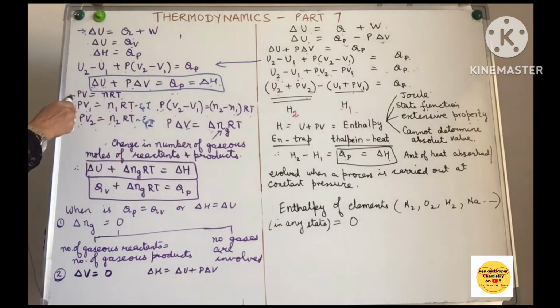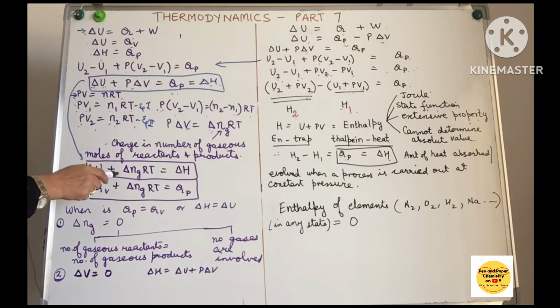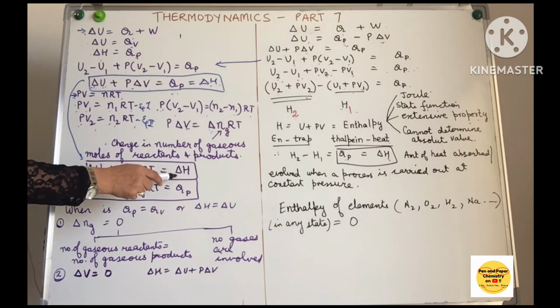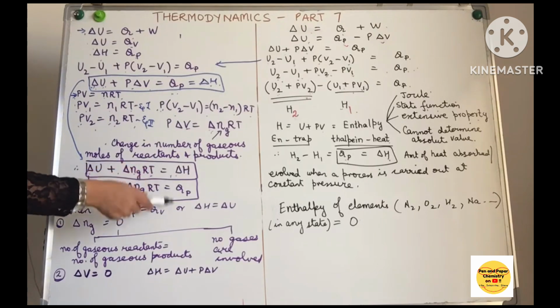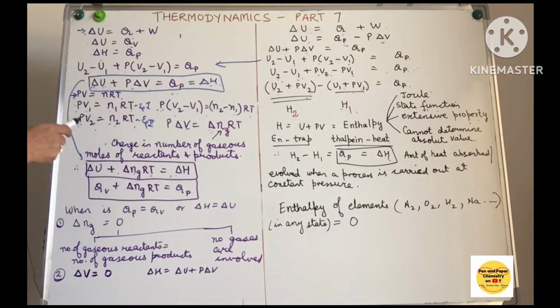More so, this equation is the ideal gas equation. We have to keep that in mind. So, the above equation can also be rewritten as delta U plus delta ng RT equals delta H. So, this is nothing but another form of the first law of thermodynamics.